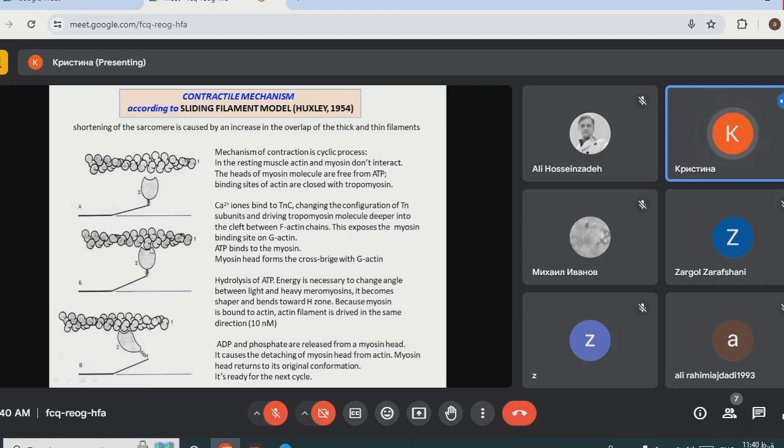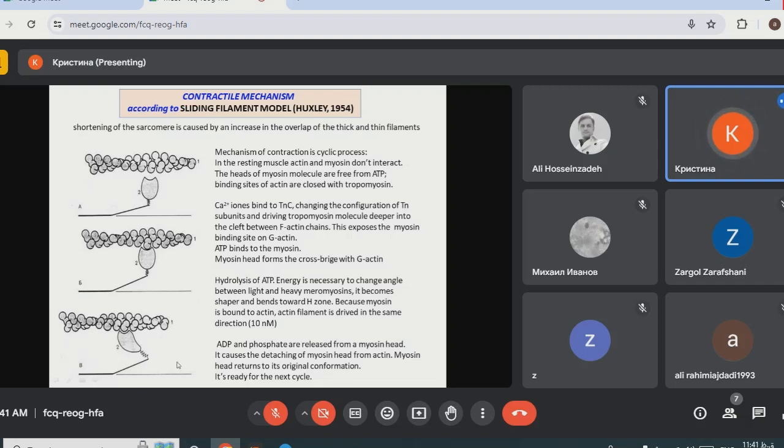So it is its resting state, and this is how it looks like as the result of using of energy. Its head bends towards the left side of this picture, and during this movement of the head towards the left side, because our head is attached to the actin, the myosin molecule pulls all this actin chain also towards the left, and this causes movement of the actin filament along the myosin filament.